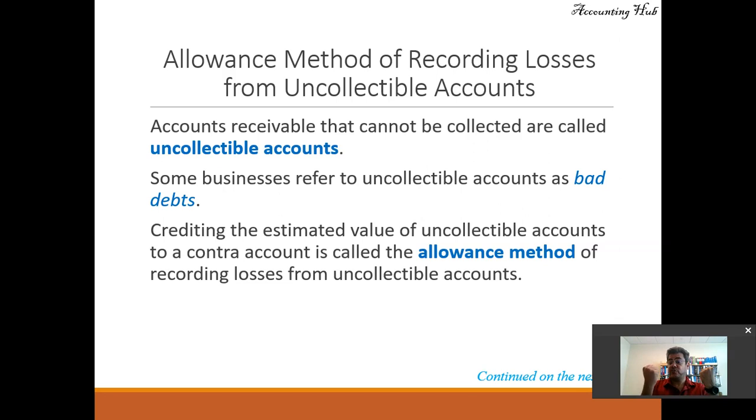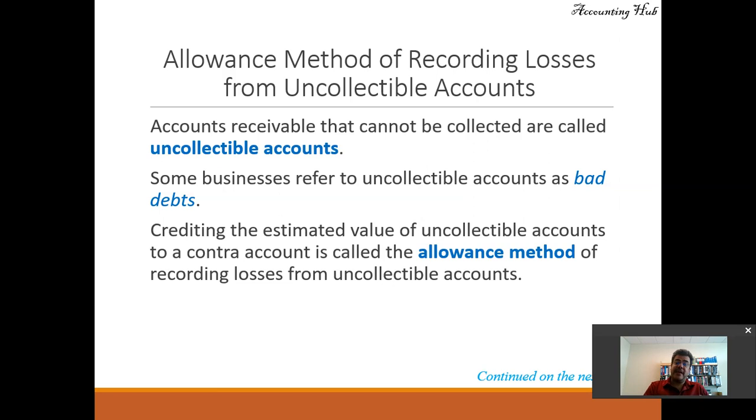The second transaction should be collecting the money, but for some reason, we are not able to collect the money anymore. Our client is broken, our client is missing, our client doesn't want to pay it, so for any reason we are not able to collect the money. Some businesses refer to uncollectible accounts as bad debts. That is how we usually call it.